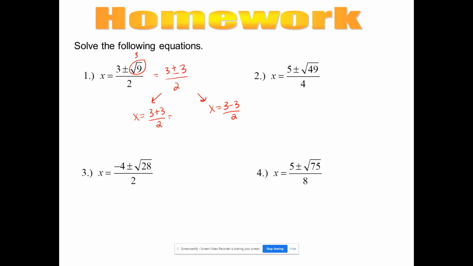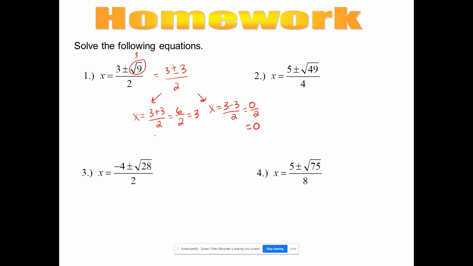Okay, so let's reduce further. So 3 plus 3 is 6 over 2, which equals 3. And then here I have 3 minus 3, which is 0 over 2. And of course, that equals 0.